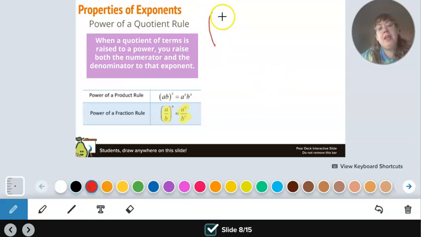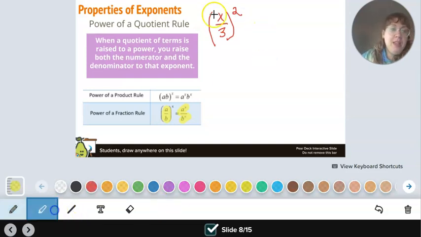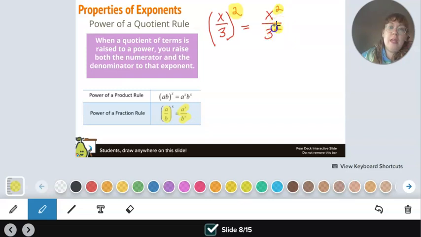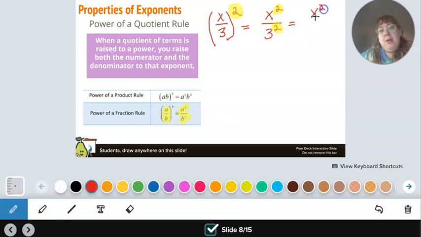If we have something like x over 3, and that whole fraction is squared, this means this exponent of 2 has to go to the numerator, so we're going to get an x squared, but it's also going to go to the denominator, so we'll also get a 3 squared. So we're just distributing that exponent, which this one will be x squared over 9.